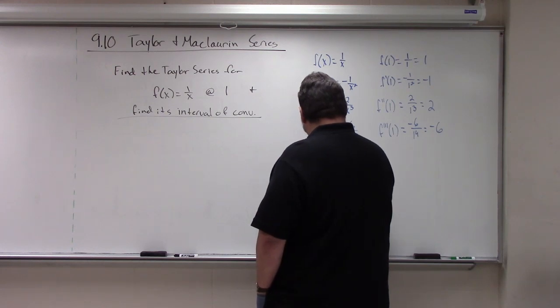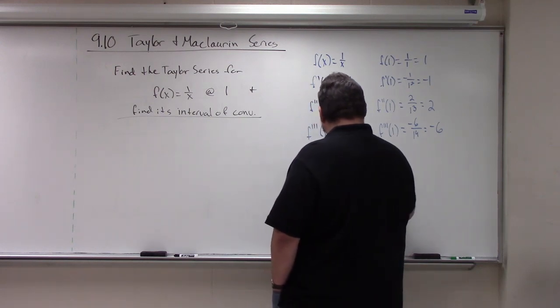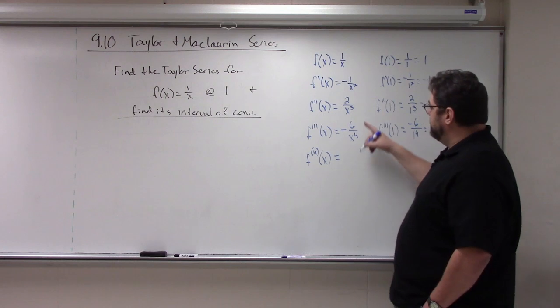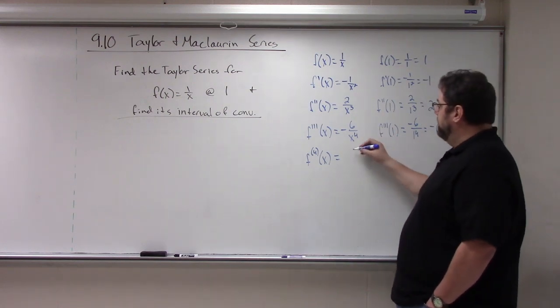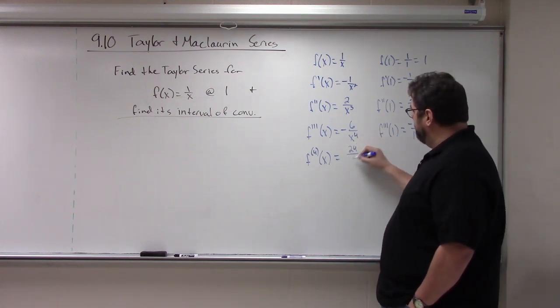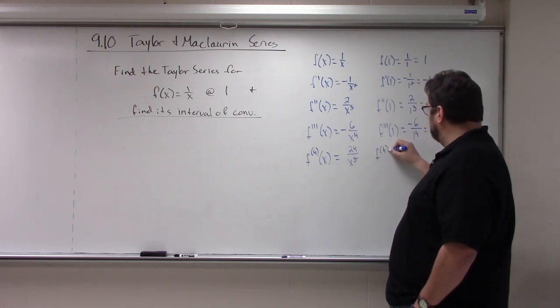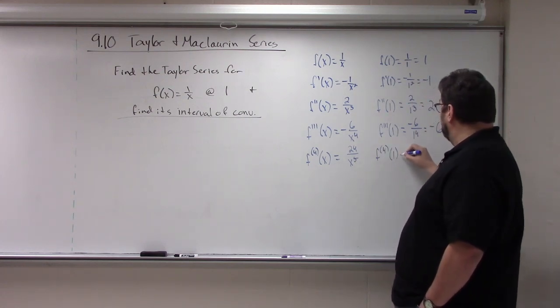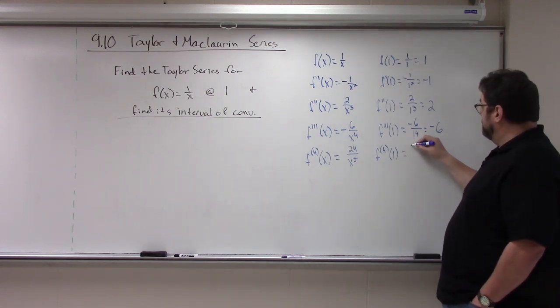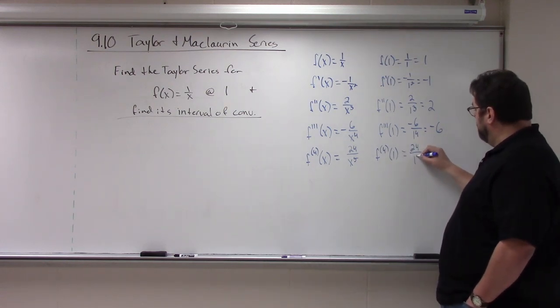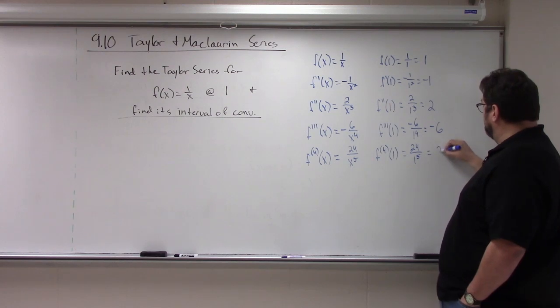F fourth of x equals, well, if I take the derivative here, that's going to be positive 24 over x to the fifth. And yeah, this is exactly what I thought was going to happen. The fourth derivative at 1 is going to be 24 over 1 to the fifth, which is 24.